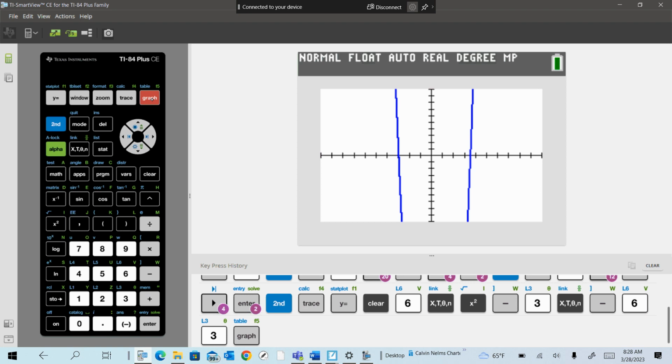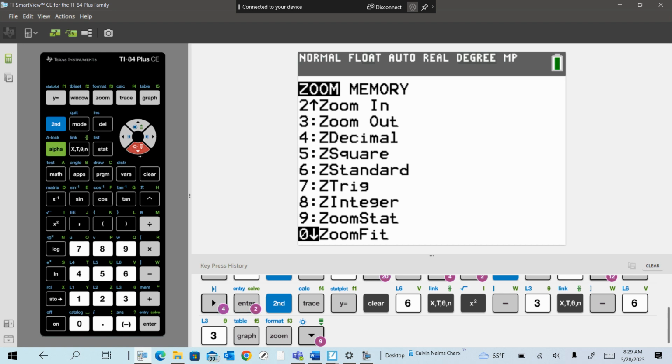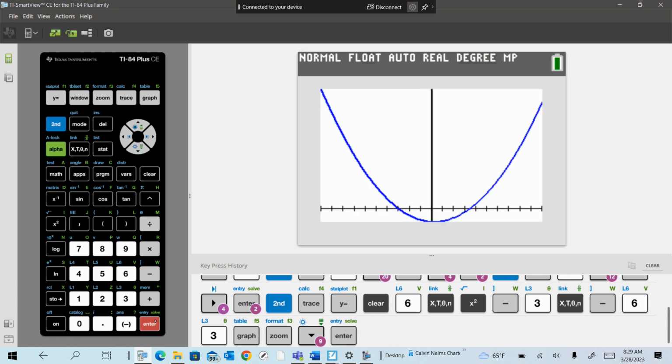Okay. If I want to make it fit so I can see the whole shape, I hit zoom and I have to scroll down and pick, after 9 you have this option for 0, which is zoom fit, and it'll fit the graph, the curve, the parabola onto the window. Okay, so either one will work.